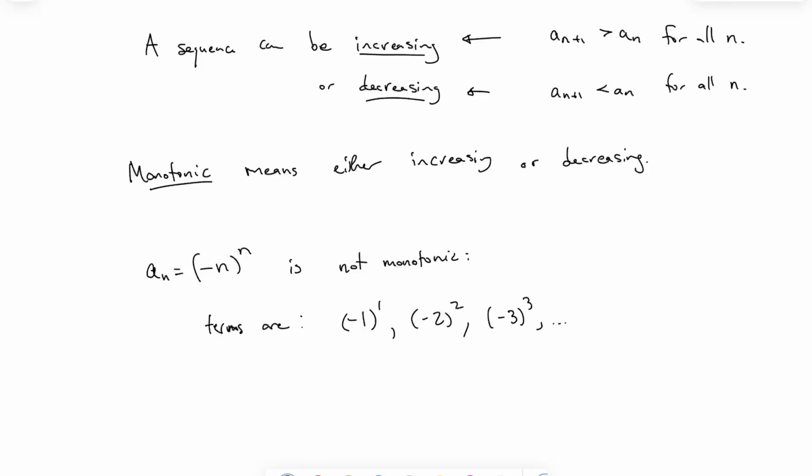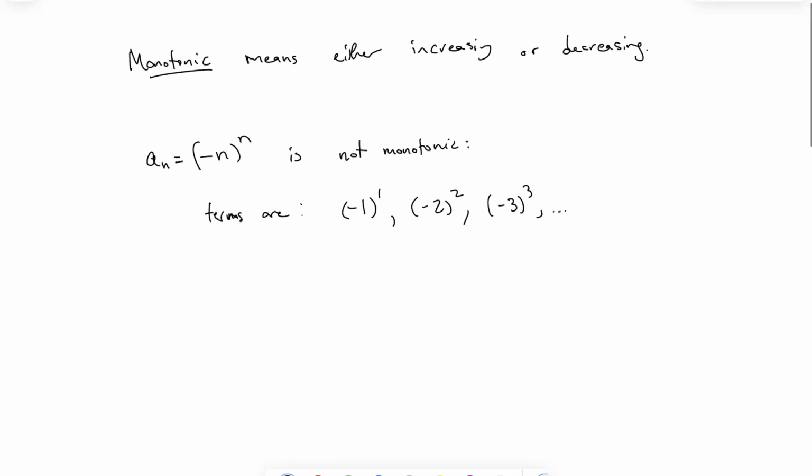I think these are all the ones I'm going to need to write out. If I were to just calculate each of those, that's negative 1 first, and then this is 4. Negative 2 squared is 4. And then negative 3 cubed. 3 cubed is 27, but it's negative 3 cubed, so it's going to be negative 27, etc. And now you can see it is not increasing every time, and it also is not decreasing every time.